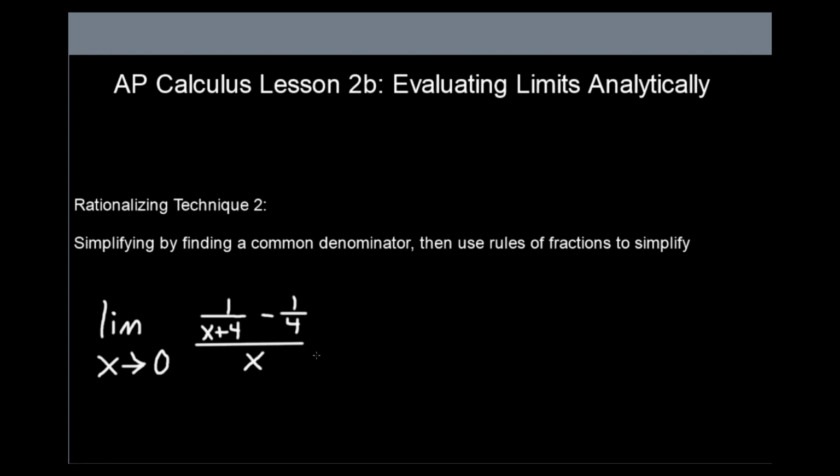So first, again, we have to start with the 0 over 0 step, so we're going to plug it in. 0 plus 4. Again, I apologize for my poor handwriting on this video. Over 4 over 0, which is just 1 over 4 minus 1/4 over 0, which is just 0 over 0.